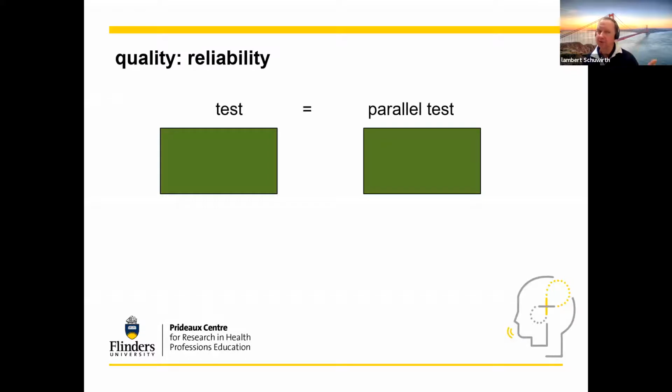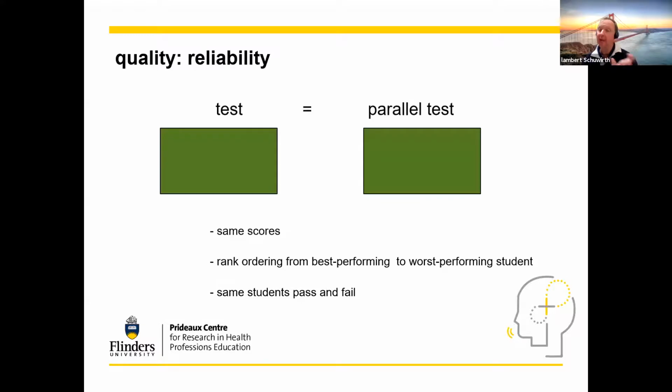So here's the original idea. I have a test, I have a parallel test, and there are three levels of assumptions. If John scores 58% on the test, would he score again 58% on the parallel test? So would they get the same scores?